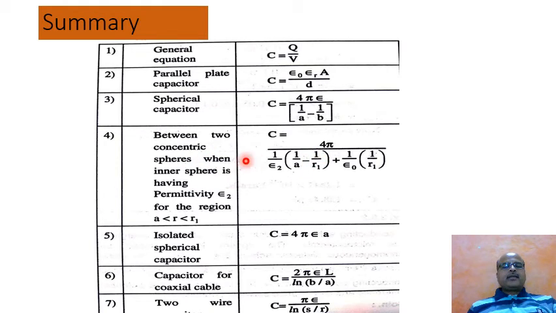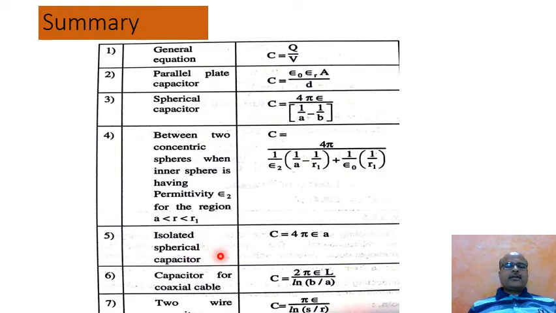The same methodology applies there. It is an easy expression to solve, you can try at home. We will get C equal to 4 pi upon 1 upon epsilon 2 bracket close 1 upon A minus 1 upon R1 plus 1 upon epsilon 0 bracket close 1 upon R1.